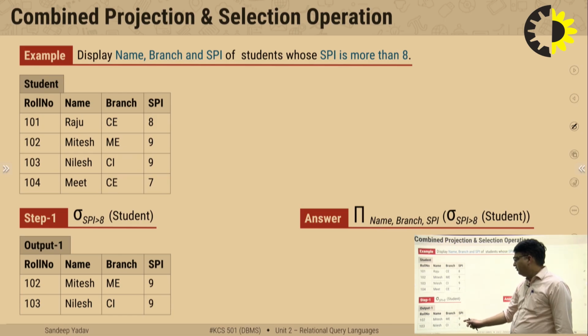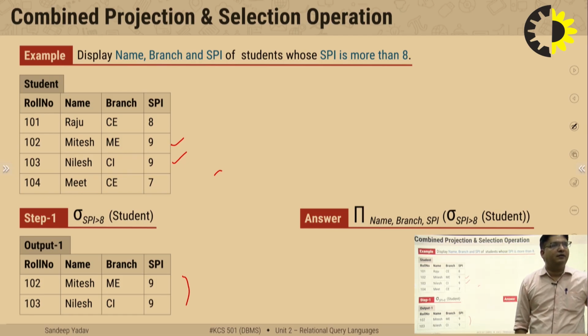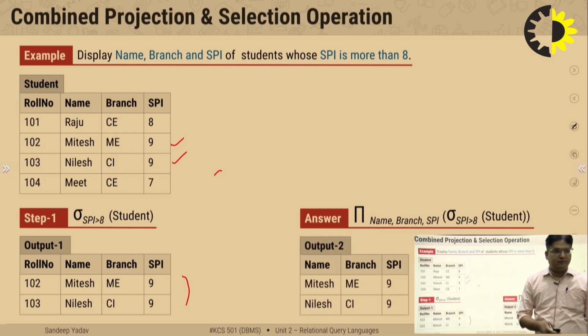The rows with SPI greater than 8 are 9 and 9. So, this one and this one are already depicted in our table. Now, what should be the final outcome? Name, branch and SPI.